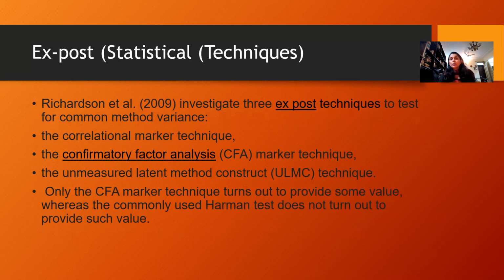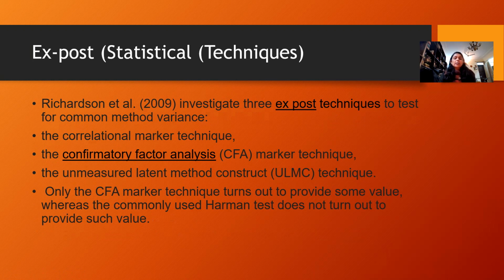Then we come to ex post. We have to handle this with statistical techniques only. Richardson et al. investigated three ex post techniques to test the common method variance, or common method bias. Number one is the correlation marker technique. The second one is the confirmatory factor analysis marker technique.